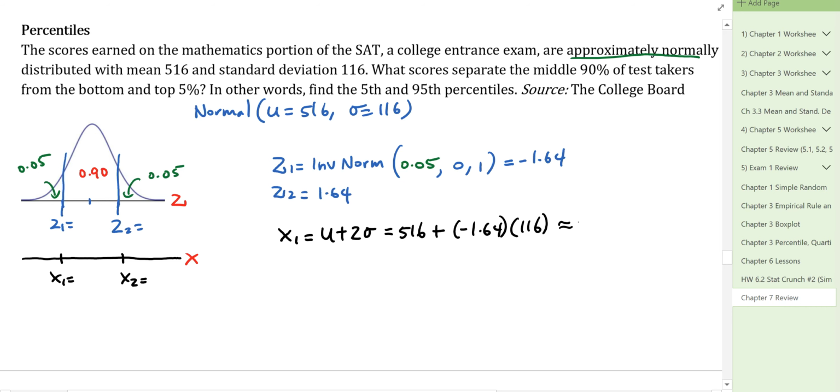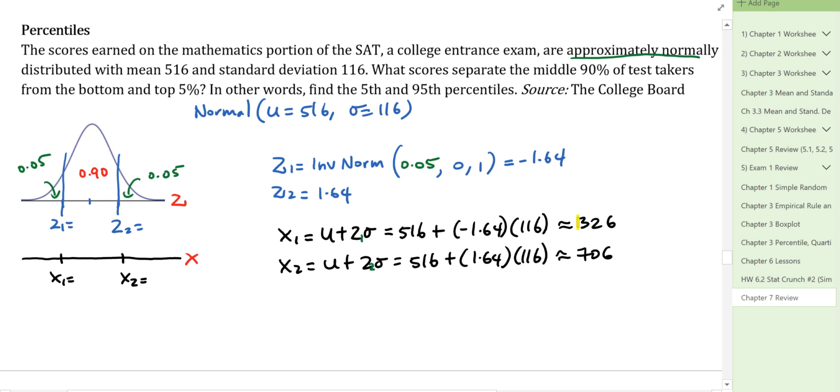Calculate that, and it is approximately 326, the score. And X2 is mu plus Z sigma, using Z2 this time, so 516 plus positive 1.64 times 116. Plug that in your calculator, and you get approximately 706.